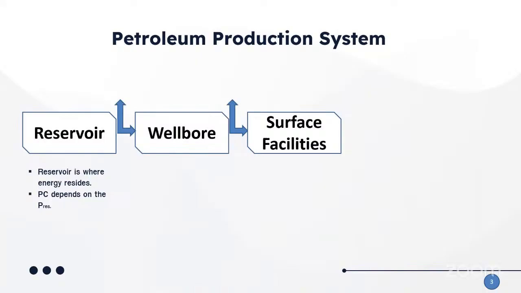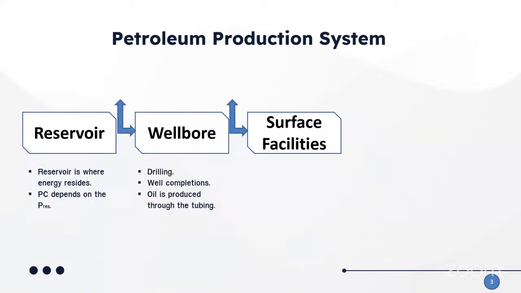And one of the things that drives this reservoir pressure is when we have a strong aquifer beneath our oil system. So it's going to be very supportive in terms of initial pressure that brings out the resources from the reservoir into the wellbore.